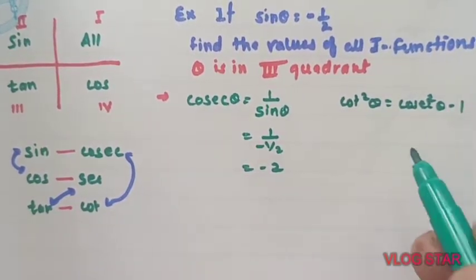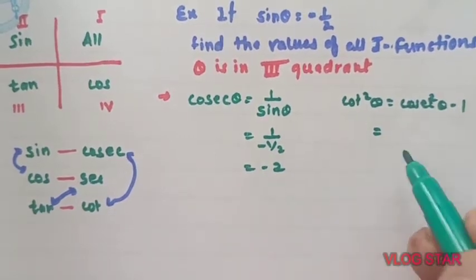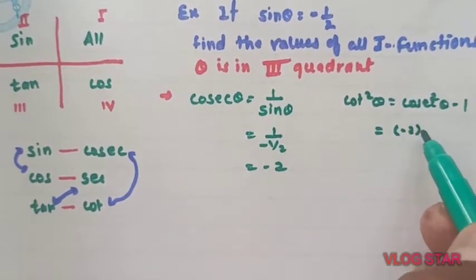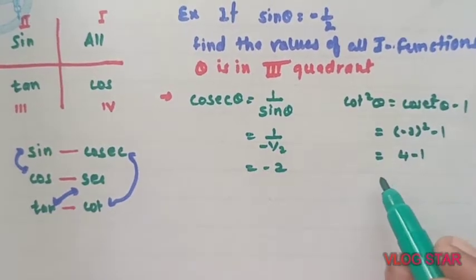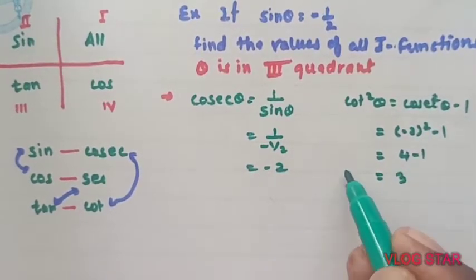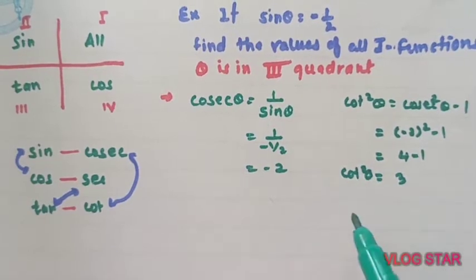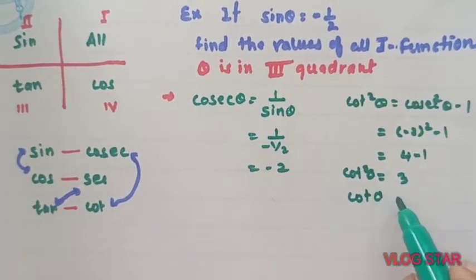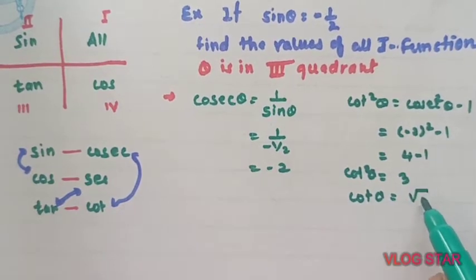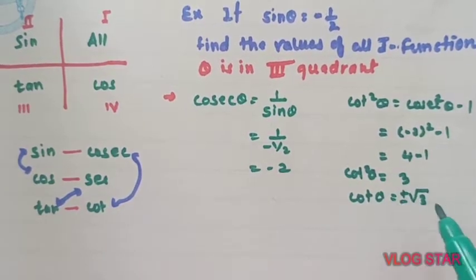Isn't it? So what would be the value? Cosec square theta, just now we have calculated, is negative 2 square minus 1, so it would be 4 minus 1, and the answer is 3. So this is cot square theta, but we would like to take the square root on both sides. What is cot theta? It is plus or minus square root 3.